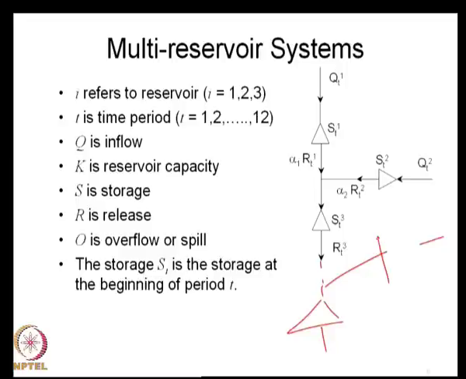So, instead of 3, if you have 5 or 6 or 14 or any n number of reservoirs, the model structure remains the same as I just explained, except that you will keep looking at each reservoir and then add constraints associated with that, taking into account the continuity of the flow.